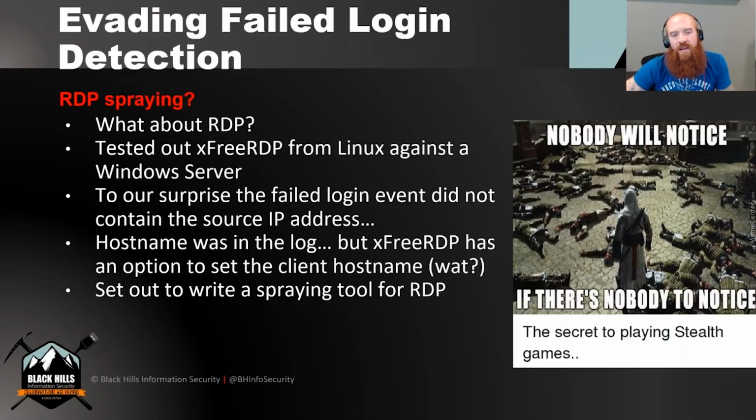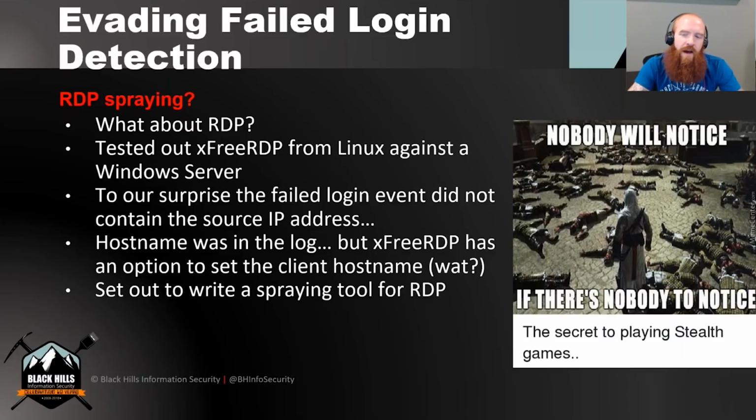So what I did is I tested out this tool called xfreerdp, which is a Linux-based RDP client, against a Windows server that the customer had. To our surprise, the failed login event on the server didn't actually contain the source IP address. The host name was in the log, and I was like, oh, okay, well that's not good.